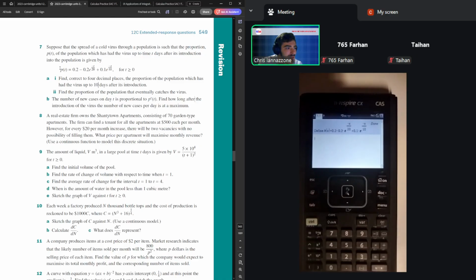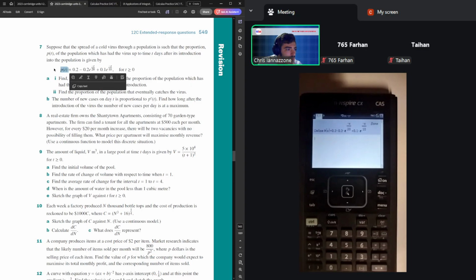In other words, if it came out to be like 0.1, then that would mean 10% of the population has that virus at that given time value. So A I is asking us to find the proportion of the population which has had the virus up to 10 days after its introduction. We want proportion and we're given time.